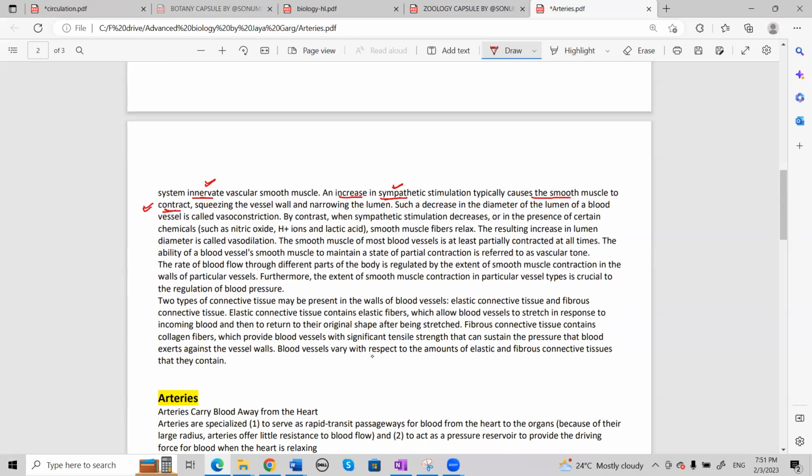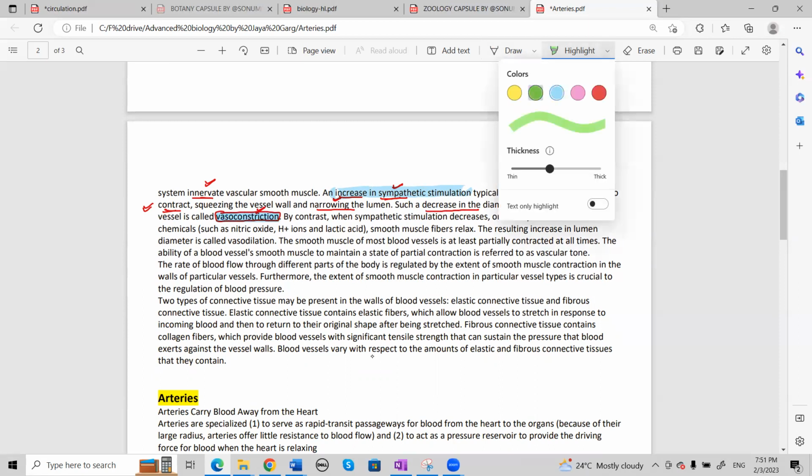If it is contracting, it means the lumen is becoming narrow. And this decrease in the diameter is known as vasoconstriction. We call this process vasoconstriction. So if the stimulus from the sympathetic fiber is increased, it leads to vasoconstriction.